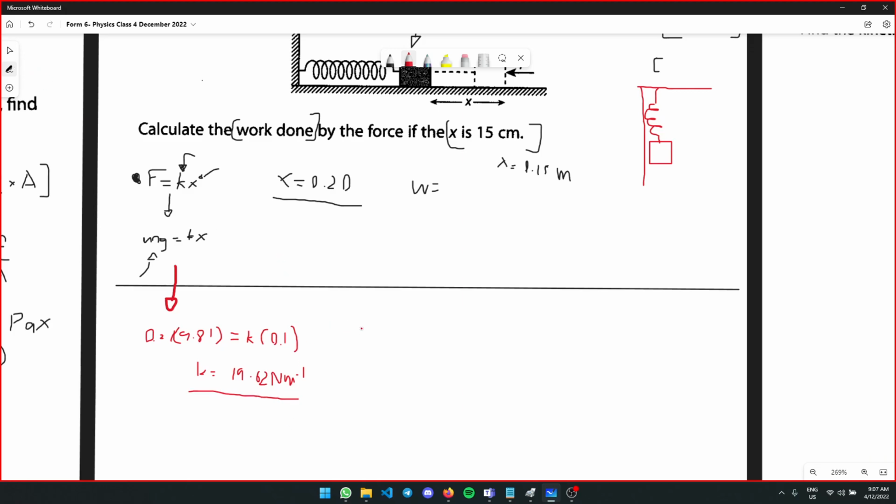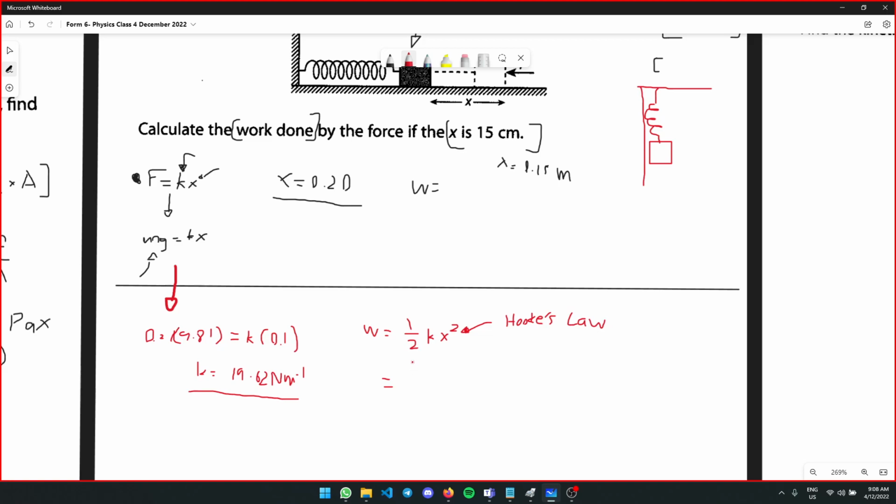This is where you find your work. Come back to your Form 5 again. Work in a spring is 1 over 2 kx square. This is based on Hooke's law. I think you should remember Hooke's law. W equals to 1 over 2 kx square.